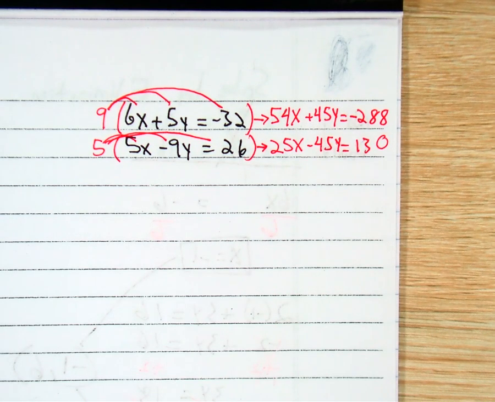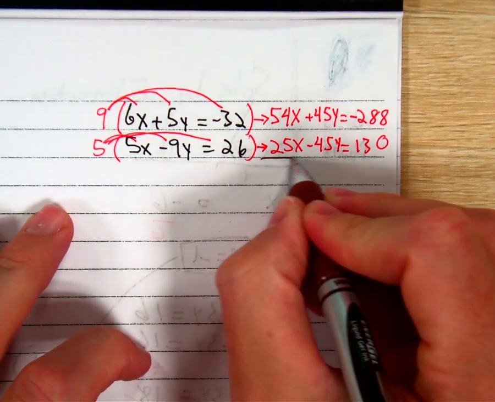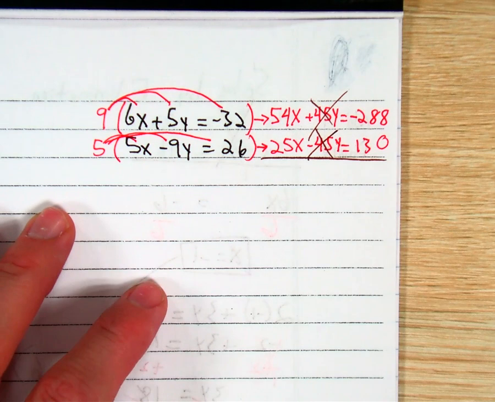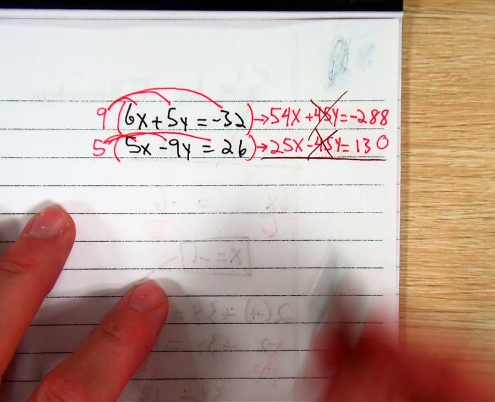And now we should be ready to add down, and we're going to cancel or eliminate our y's. Plus 45y minus 45y is 0.